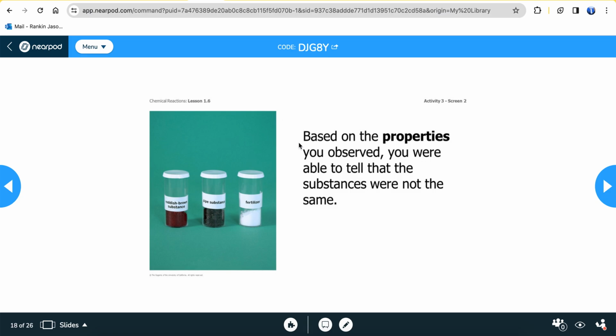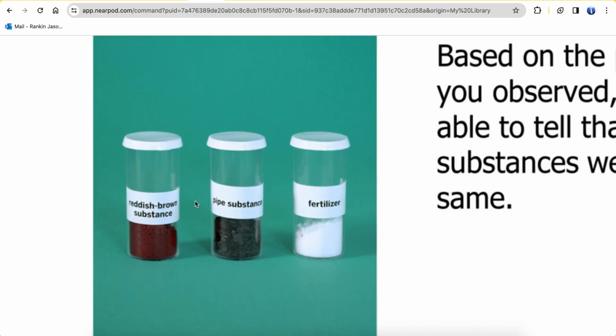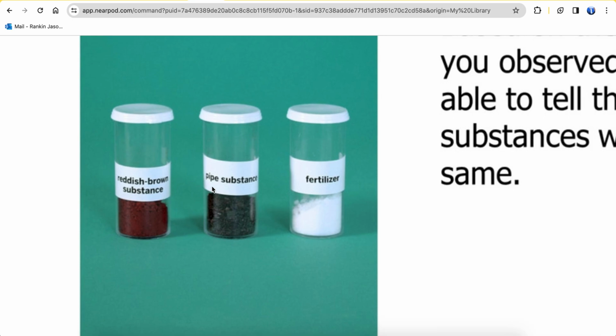All right, based on the properties you observed, you were able to tell that the substances are not the same. Visually speaking, the pipe substance was black or dark gray. It had a different texture, and of course had many different sizes to them. The fertilizer, white in color, you mentioned in class to me that it has crystals to them, or like a sandy texture.